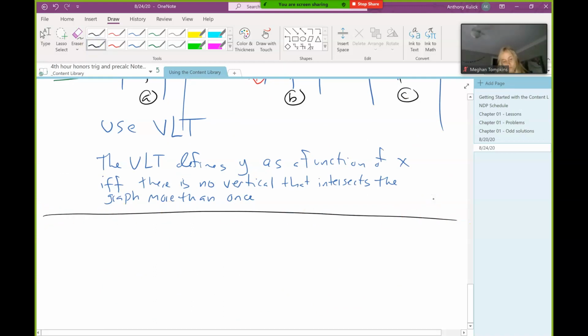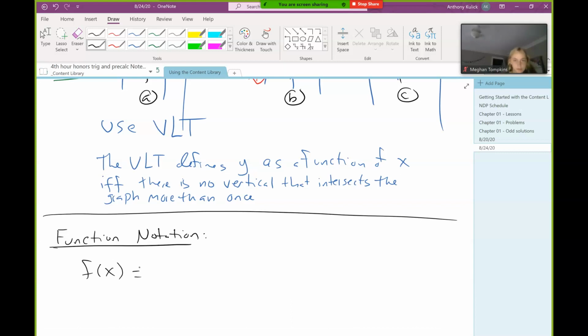The last thing here that we want to talk about in this first section is called function notation. The way function notation looks is we start with f of x equals. Hopefully you guys remember this from your algebra class last year, right?